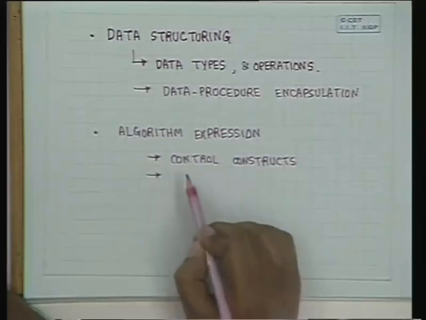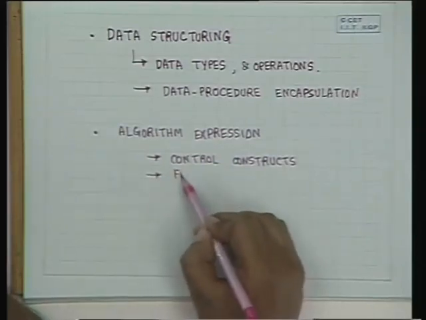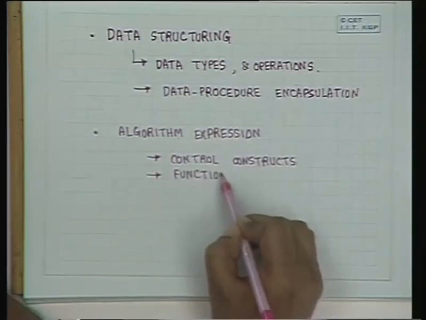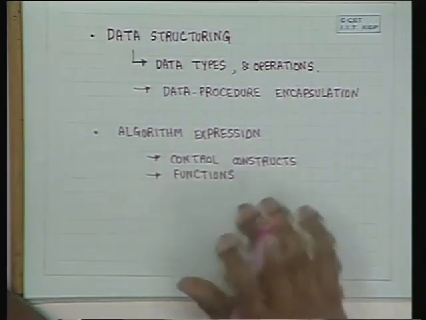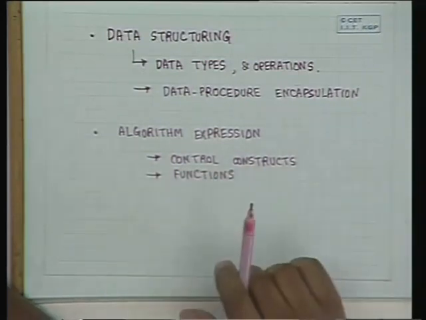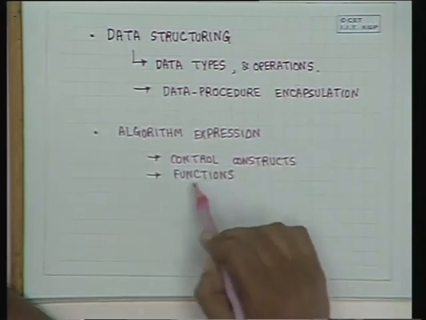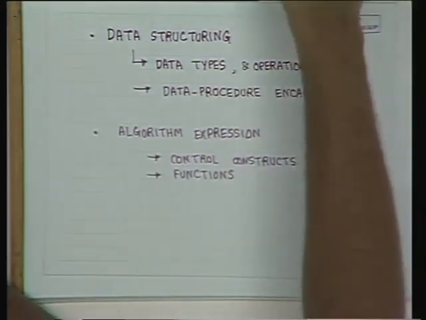And for decomposition, you have got functions. You can decompose a problem into several functions. And among these functions, there is a very special type of function which is required, for which a language may or may not have it.